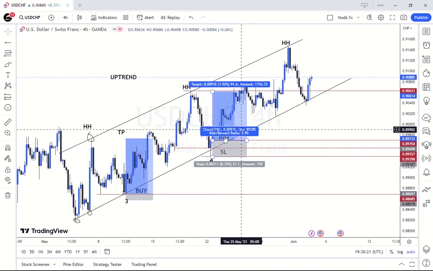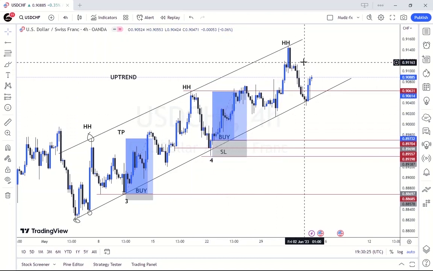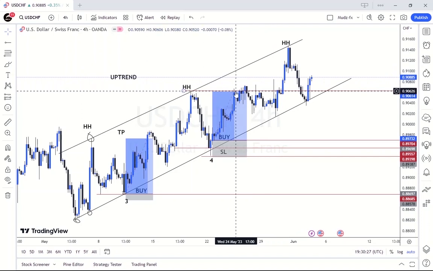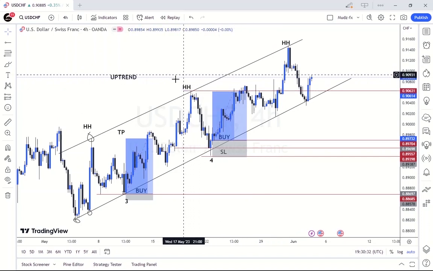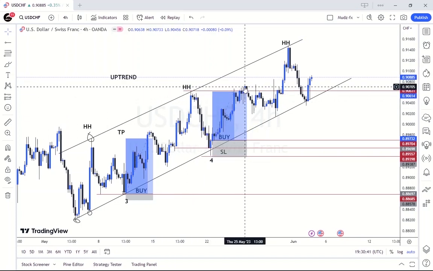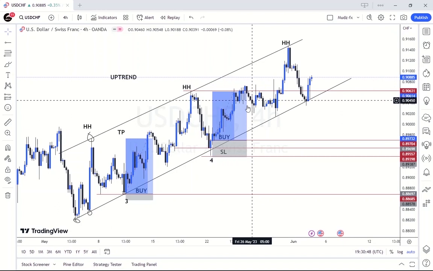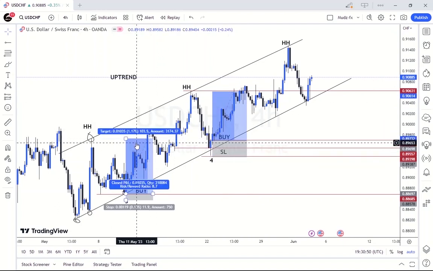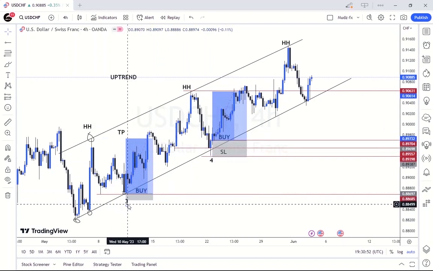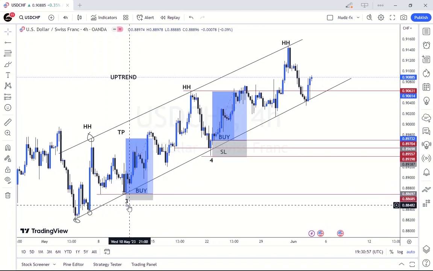Then after we bought, we can see that the market continued going up. And then after it reached our resistance that was made by a higher high, it went down, and then it broke that resistance. But then it went back down again, just like the previous entry that we had on number 3.